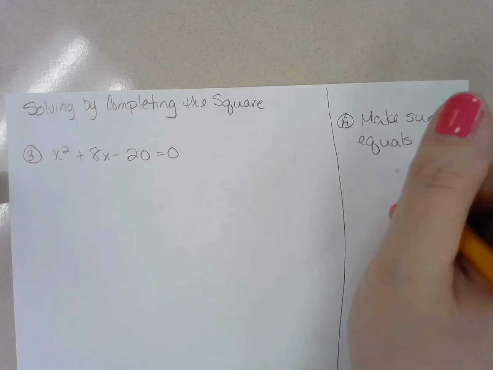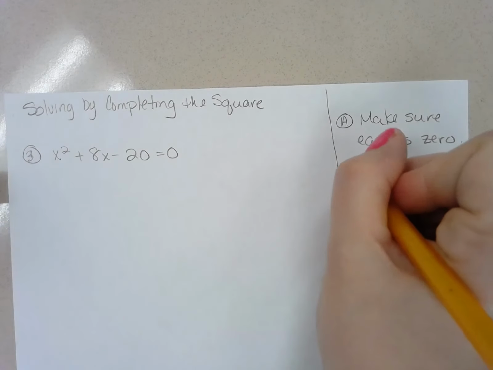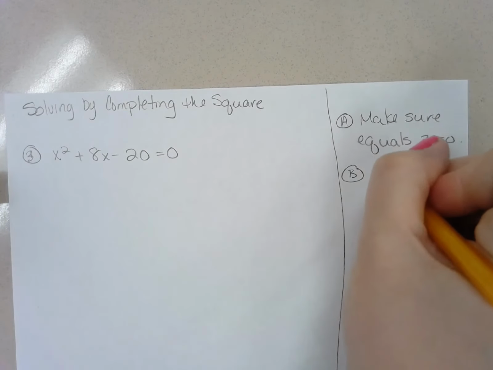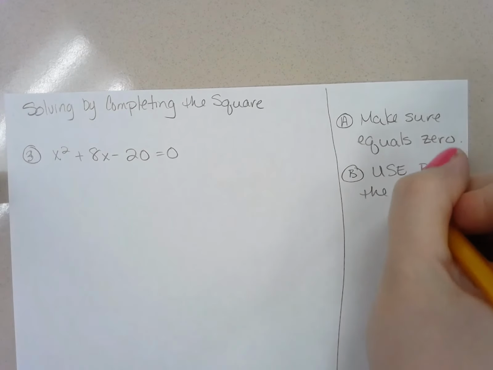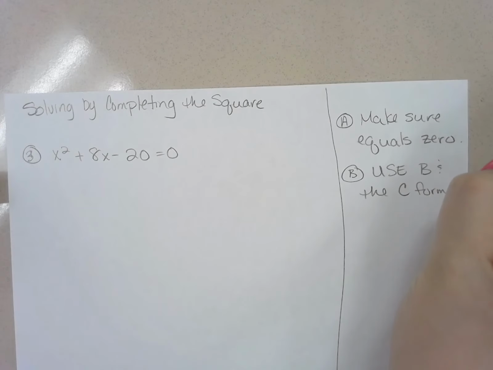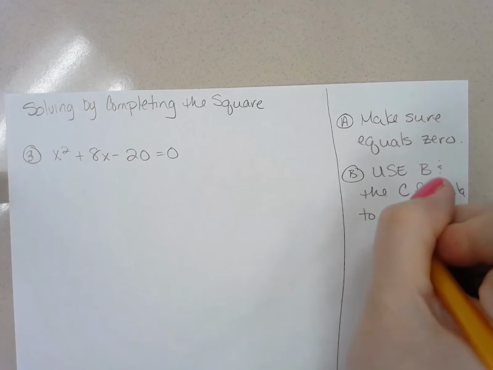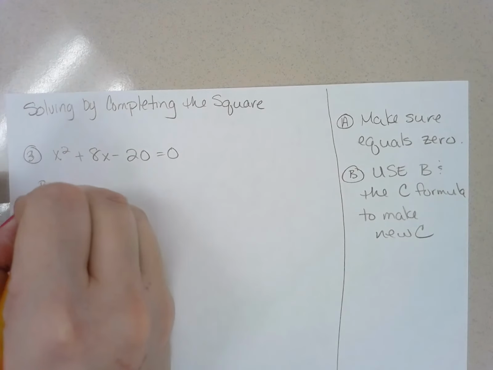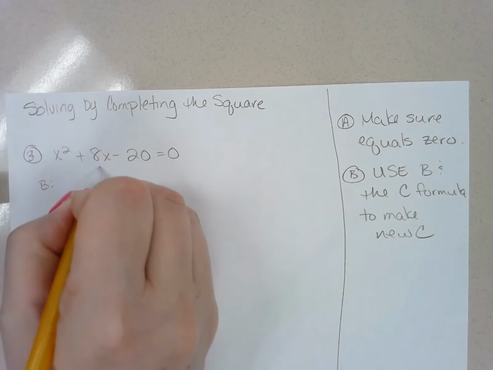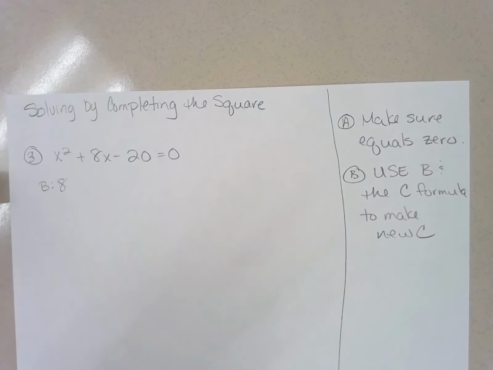And then we're going to do what we were doing in the last video. We're going to use b and the c formula to make a new c. Remember, b is right here, stuck to the x, so b is 8.